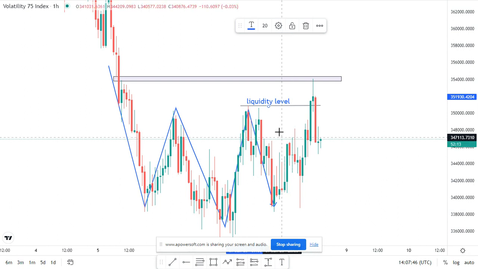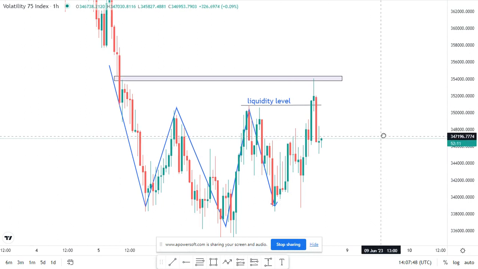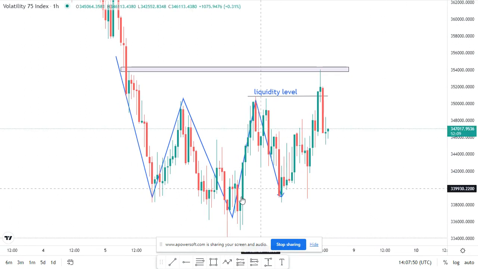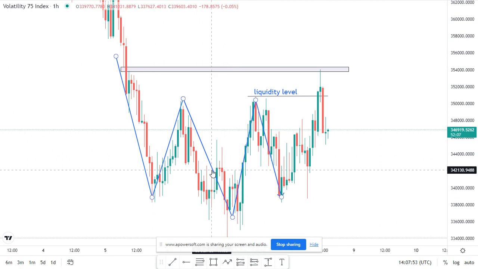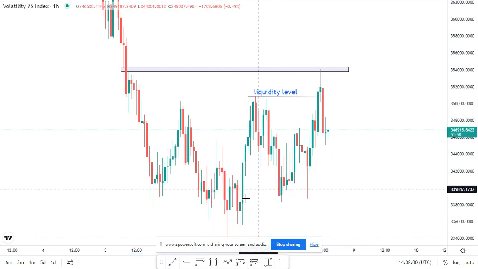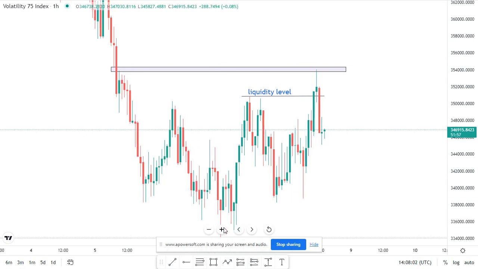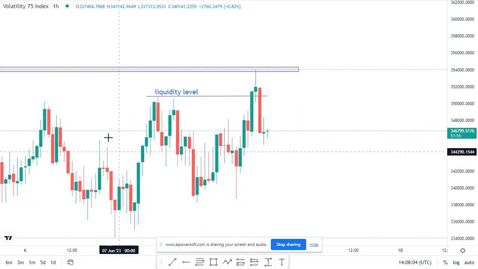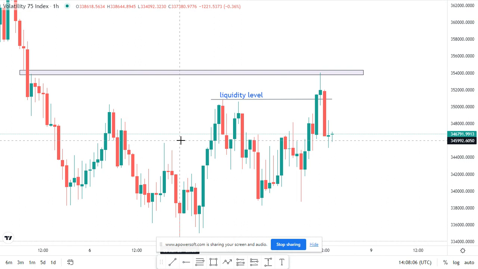So many stop losses and pending orders were resting there. Let's trade this one. So on this H1, we identified a fair value gap and a liquidity level, right?